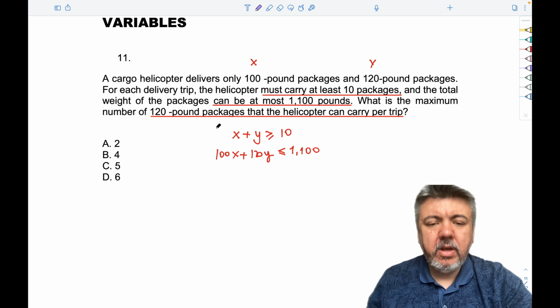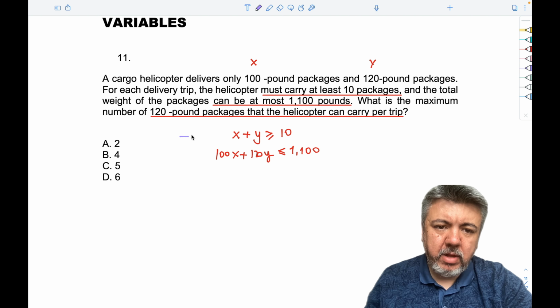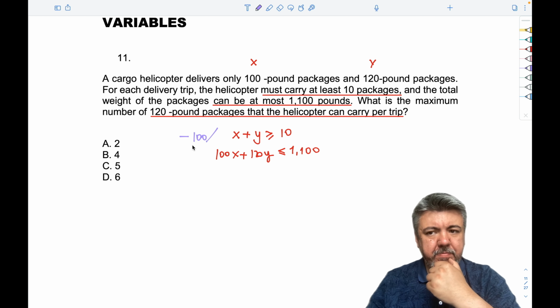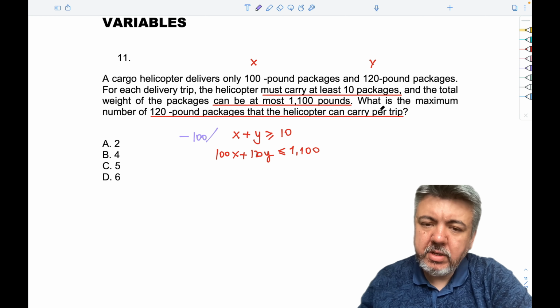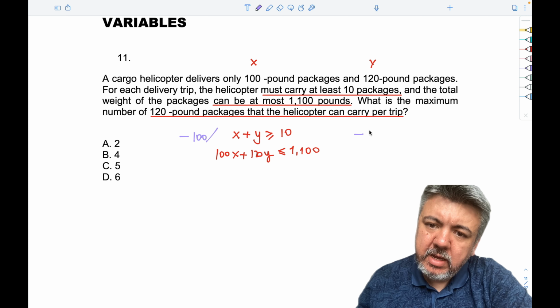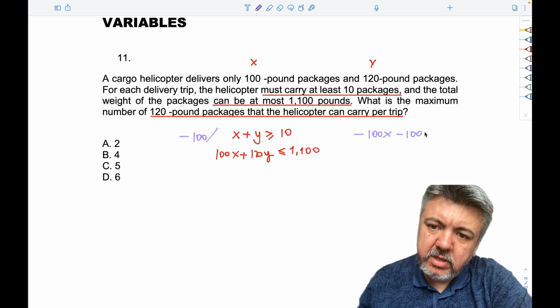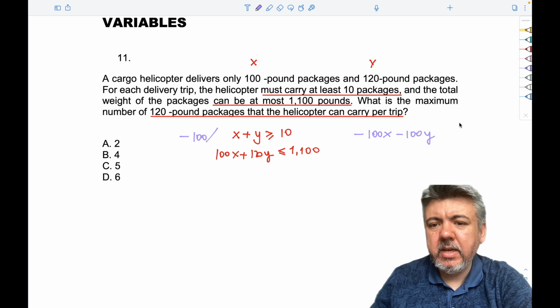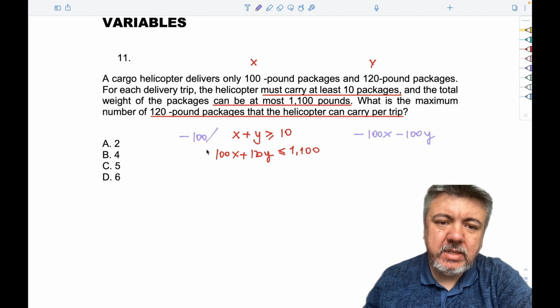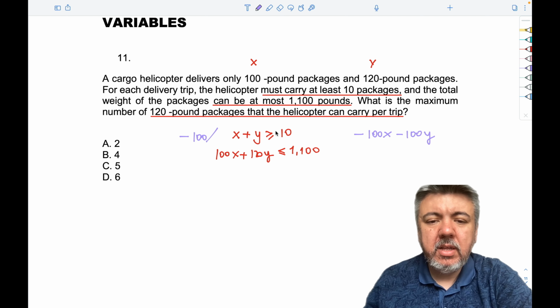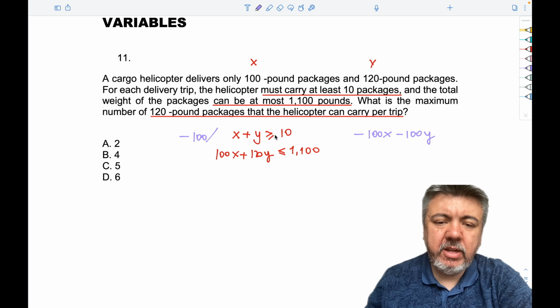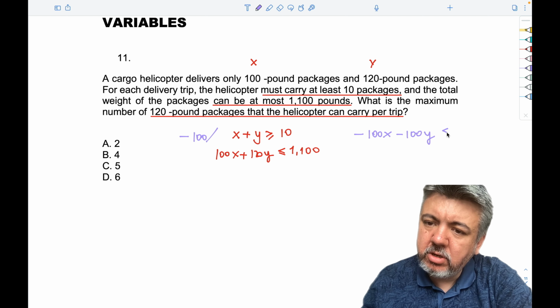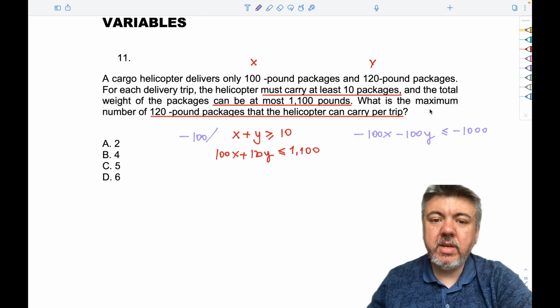To get rid of x, I will multiply the first inequality by negative 100. When you do that, it's going to be negative 100x minus 100y. Look at this. If you multiply an inequality by a negative number, the sign will change from greater than or equal to less than or equal to, minus 1,000.